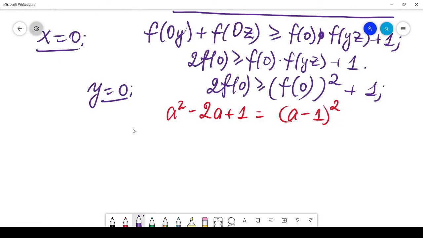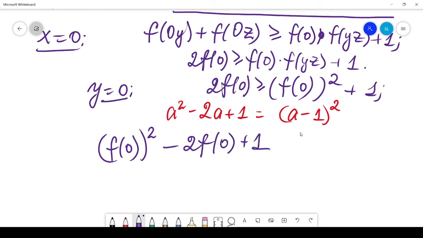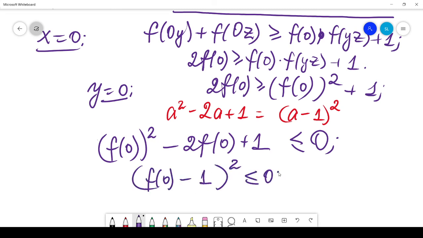Then we have f of 0 whole squared minus 2f of 0 plus 1 must be less than or equal to 0. Or in other words, f of 0 minus 1 whole squared must be less than or equal to 0.